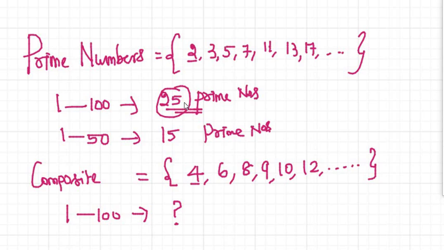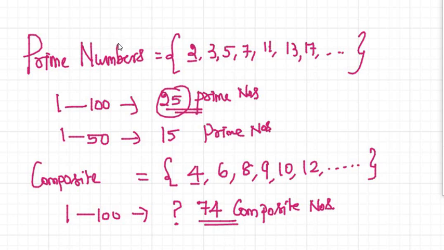Some of them answered 75, but it is not 75, because the number 1 is neither prime nor composite. It never comes into the category of composite or prime. Therefore there are only 74 composite numbers between 1 to 100.